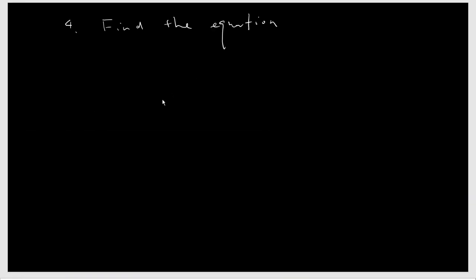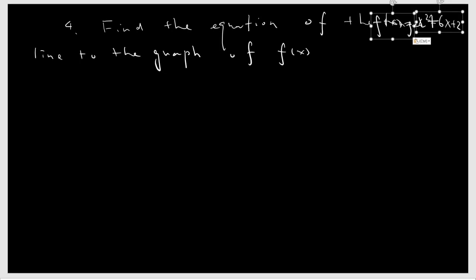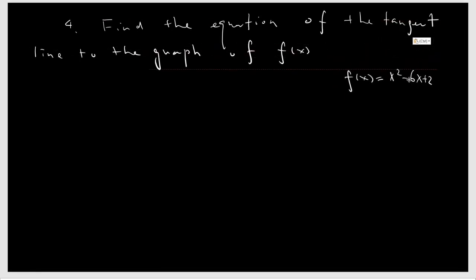I'm going to show you how I got that equation. The next question is to find the equation of the tangent line to the graph of the function. I think the function is still in the memory.